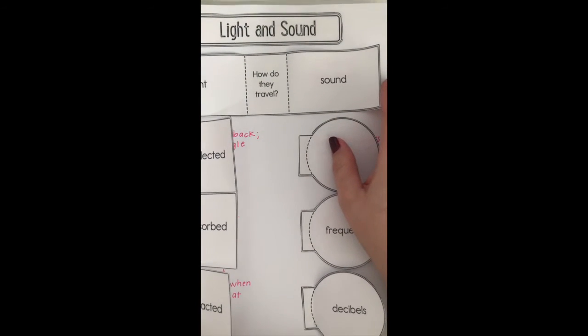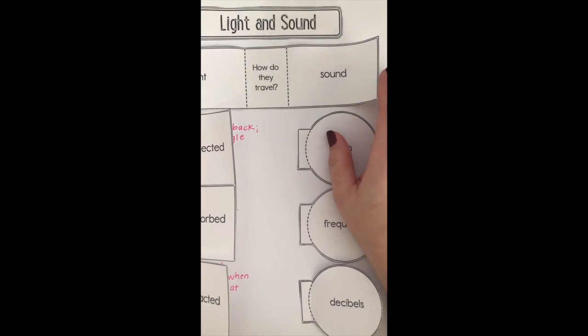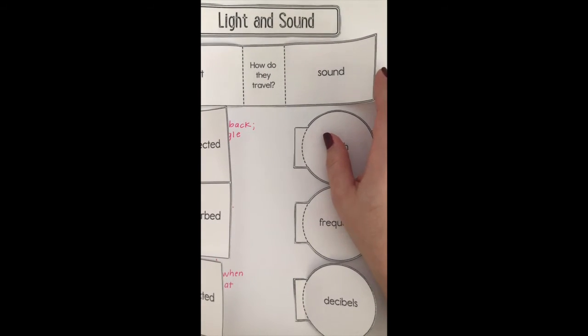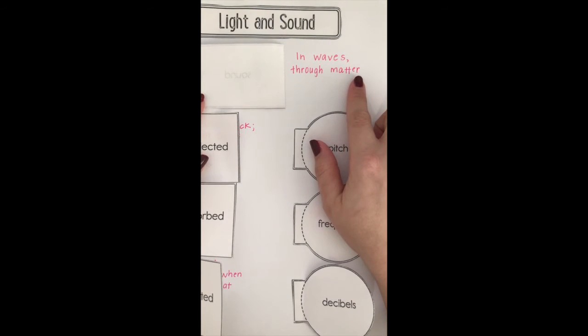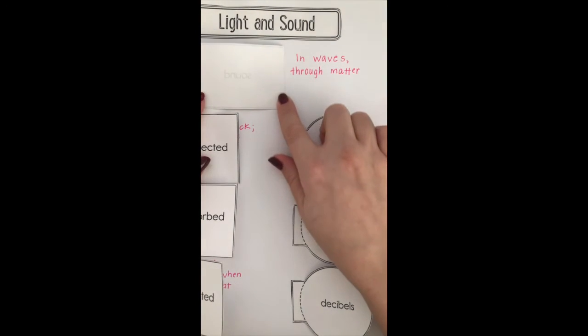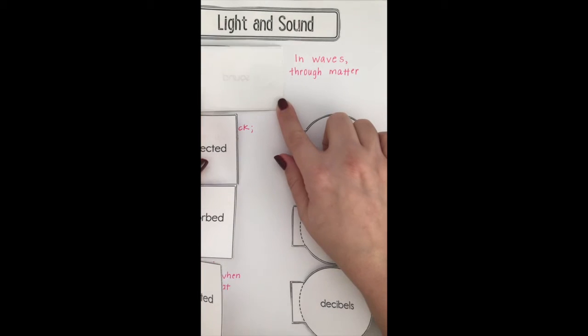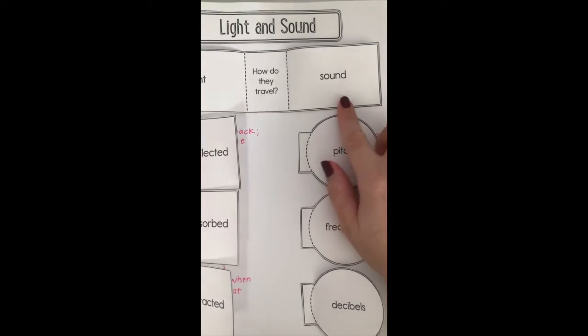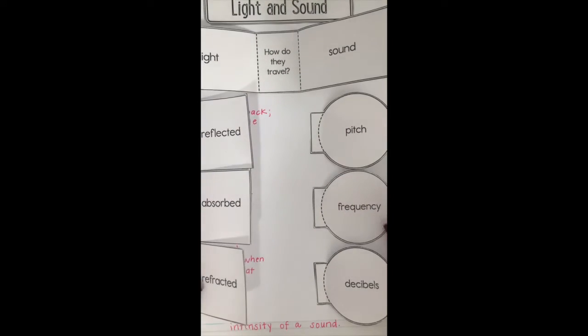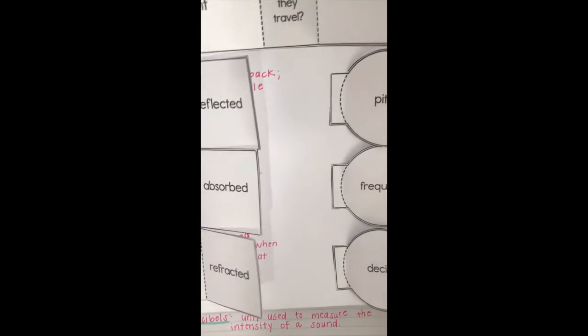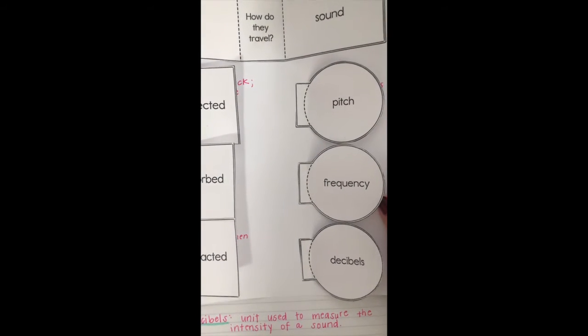Now, the simplest way to describe how sound travels is in waves through matter. And today we will be learning the difference between waves, particles, and what that means when it comes to light and sound. So for these words below, what you are doing is writing the meanings.